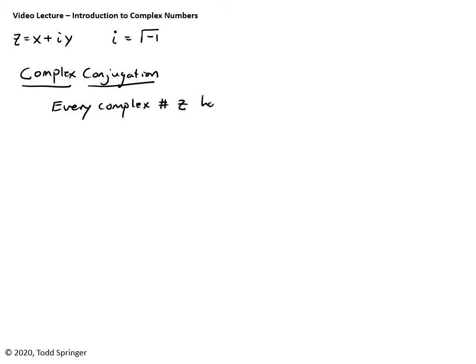Now that we know how to multiply complex numbers, I'm going to do one more operation. It's called complex conjugation. So every complex number has what's called a complex conjugate.